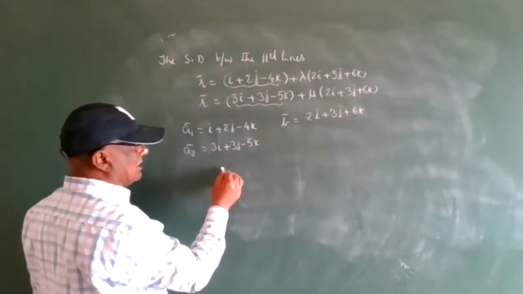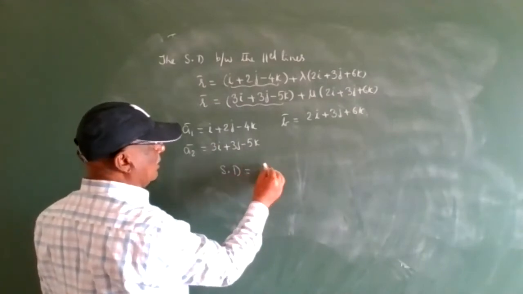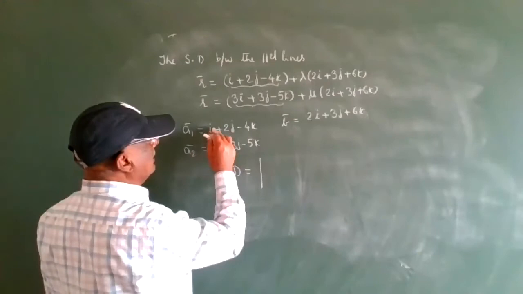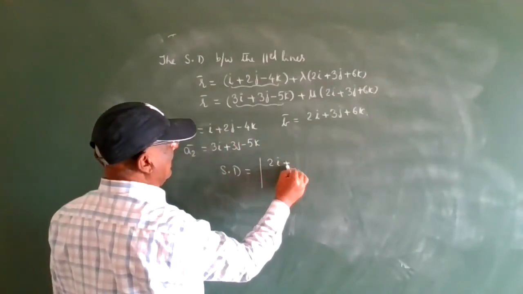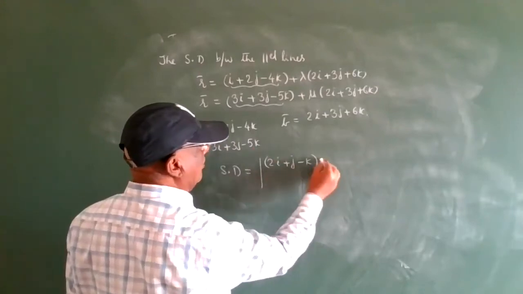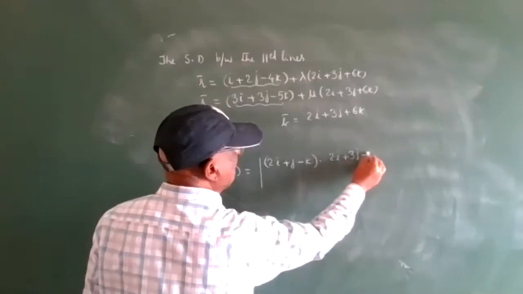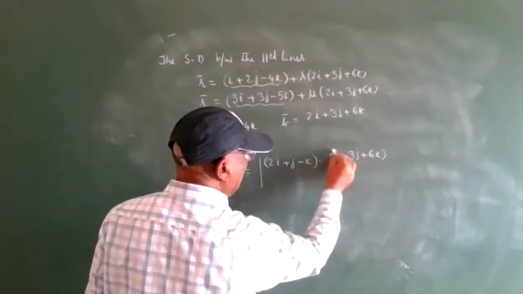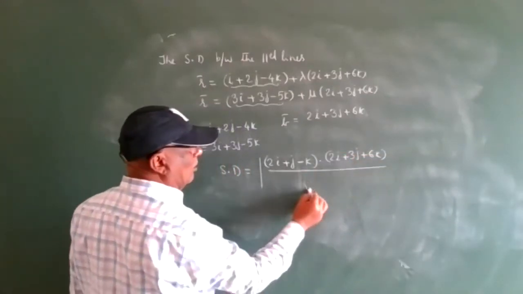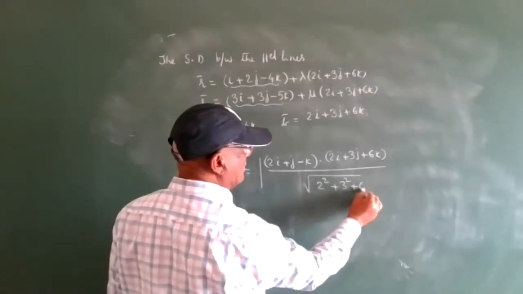Now write the shortest distance with A2 minus A1. A2 minus A1 is 2i plus j minus k, dotted with B bar, 2i plus 3j plus 6k, divided by its modulus, root over 2 squared plus 3 squared plus 6 squared.